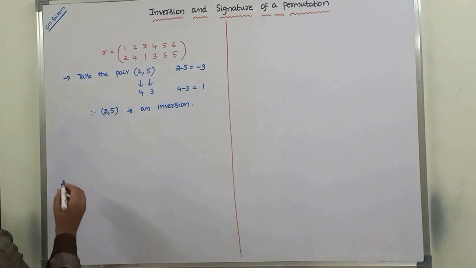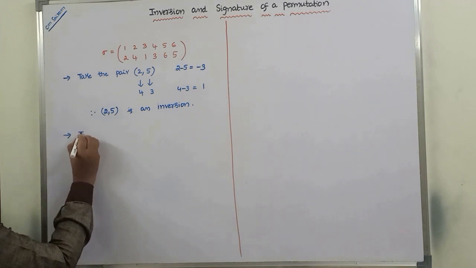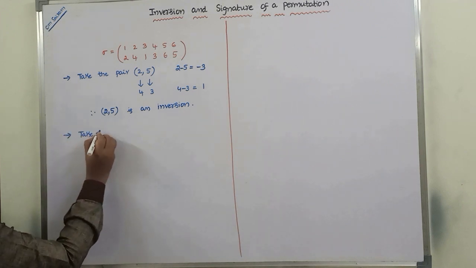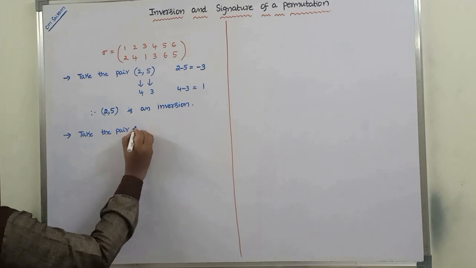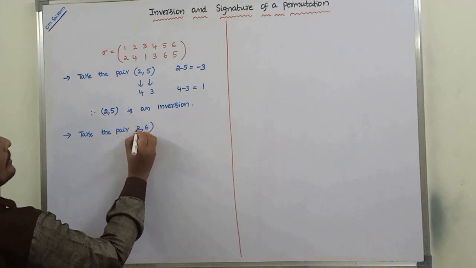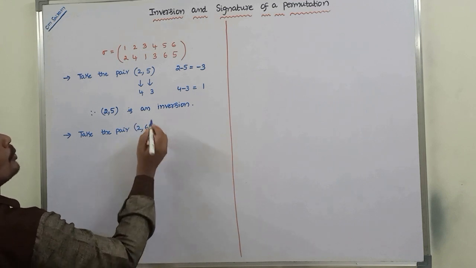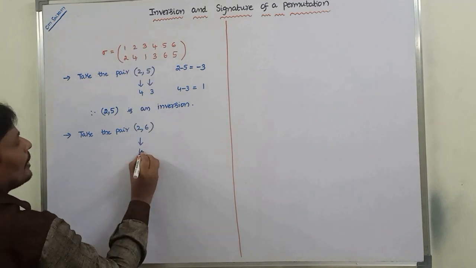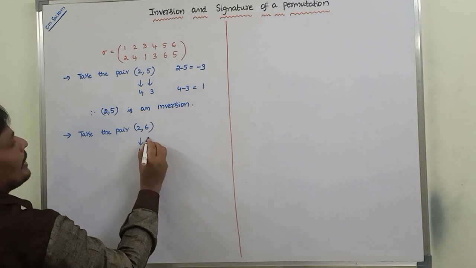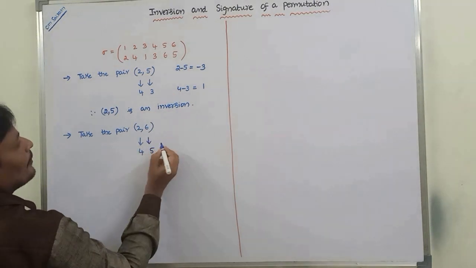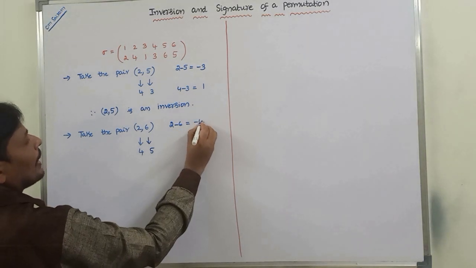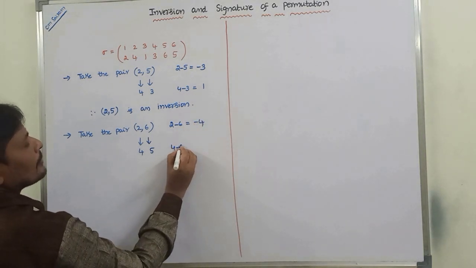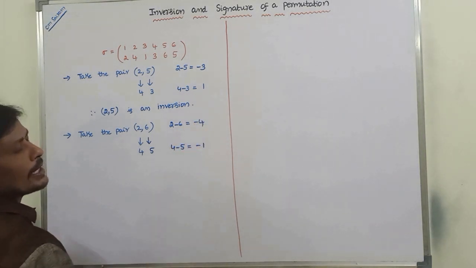Okay. Next, I am taking the pair 2, 6. Okay. So here 2 image is 4, 6 image is 5. So here 2 minus 6 is equal to minus 4. 4 minus 5 is equal to minus 1.